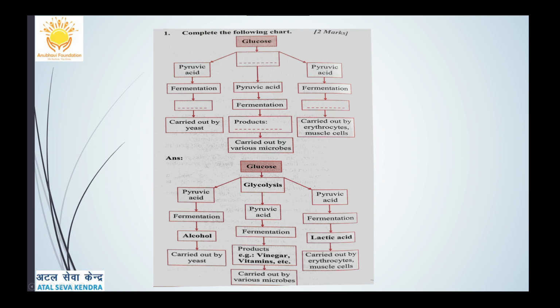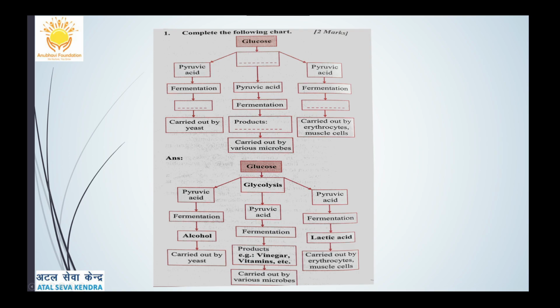Here they have given two or three empty boxes which have to be filled for 2 marks, which is a very simple question. You have to rewrite the full thing, in which the boxes and the flow chart are drawn with pencil, and you can write inside with the pen. In that you can see that glucose is used up in glycolysis to get converted to pyruvic acid.